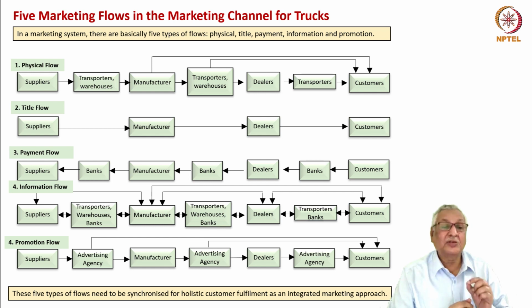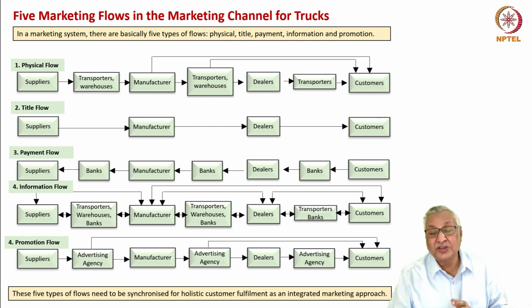Importantly, from the advertising point of view, the information flow occurs in the same manner from suppliers to customers, and promotion flow also happens. But when you look at promotion, information is kind of modified in an advertising manner by the advertising agency at every stage. Suppliers may be dependent on an advertising agency to reach to the manufacturer, although that is a limited objective.